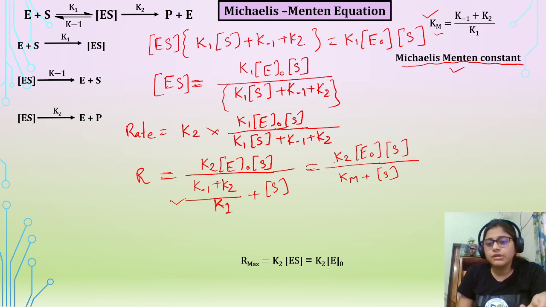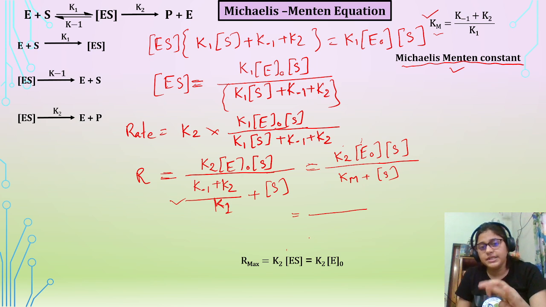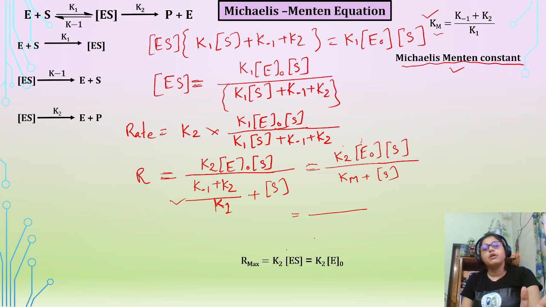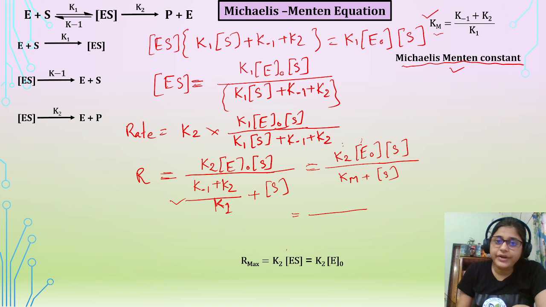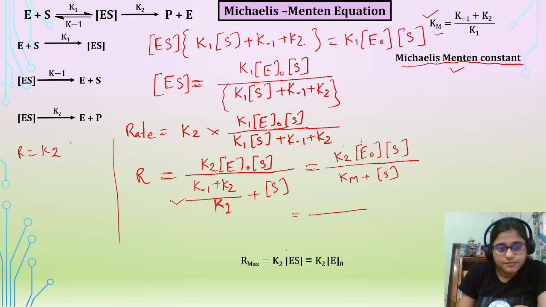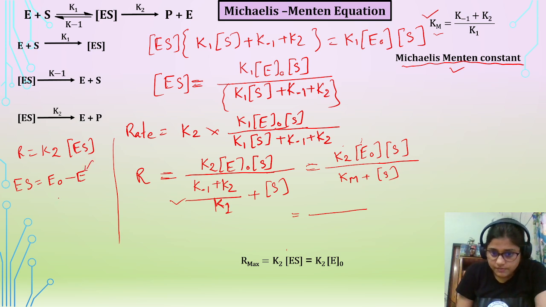Now another modification we can do, which is the K2 E0 is the R max value. Okay, because when we take R max, it means the maximum amount of rate. So we know rate is, let's see, here I am writing, rate is K2 into ES, and we know E is equal to E0 minus ES, which is left actually, right?